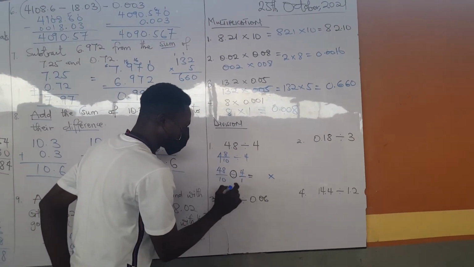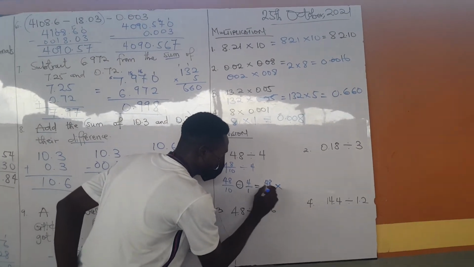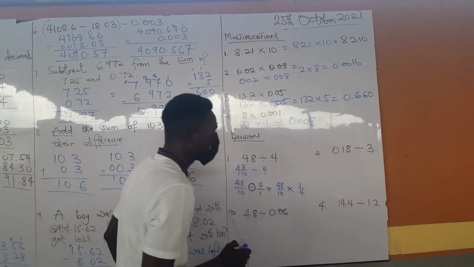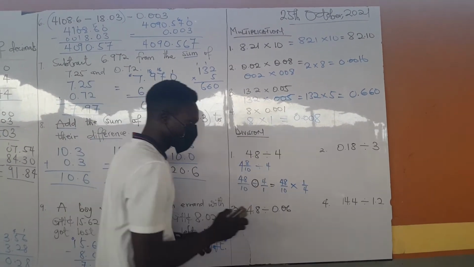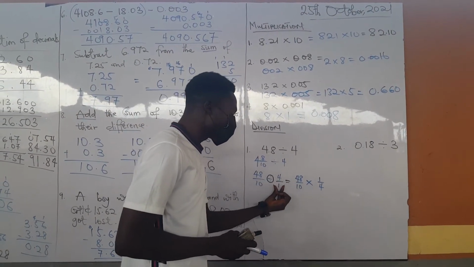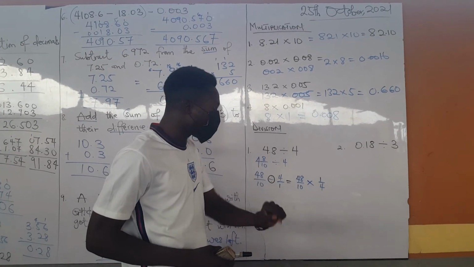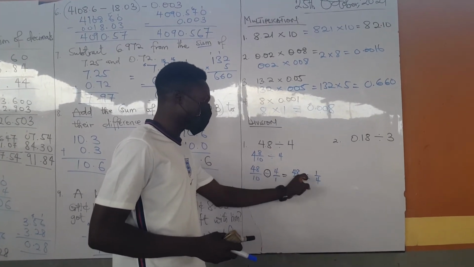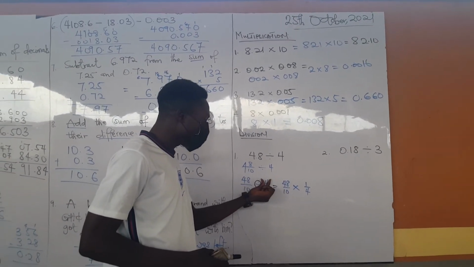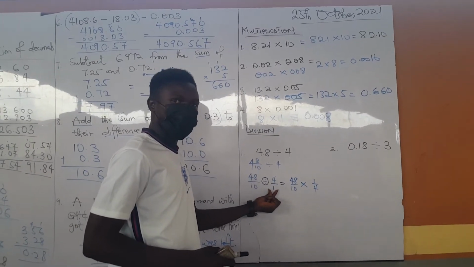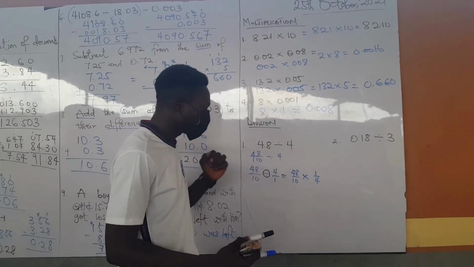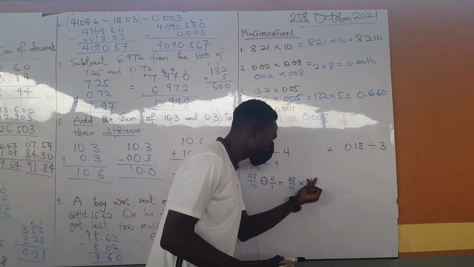When the sign changes, the 48/10 will not be affected, but the 4/1 is going to be affected, because we've changed the division sign to multiplication. How was it affected? You can see that the 4 is now the denominator and 1 is the numerator. We call it the reciprocal of it. So the reciprocal of 4/1 is 1/4.